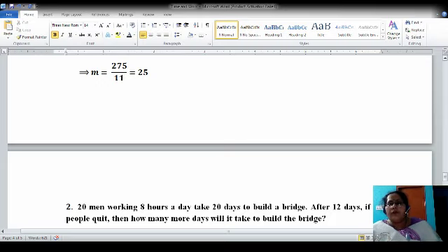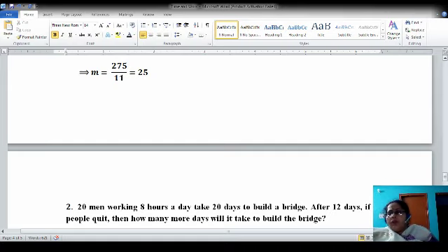So if we look into the first situation, 20 men working 8 hours a day take 20 days to build a bridge. So the man hours used in this case is, what is that? 20 men are working for 8 hours and for 20 days.